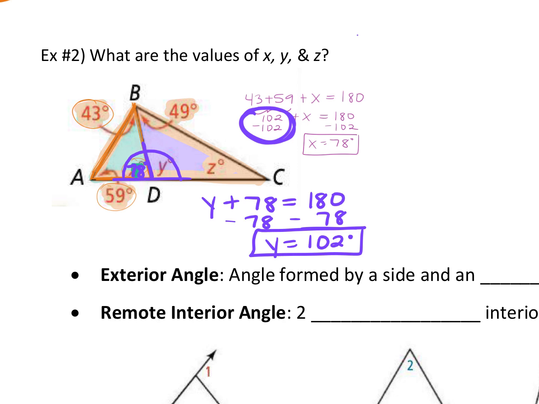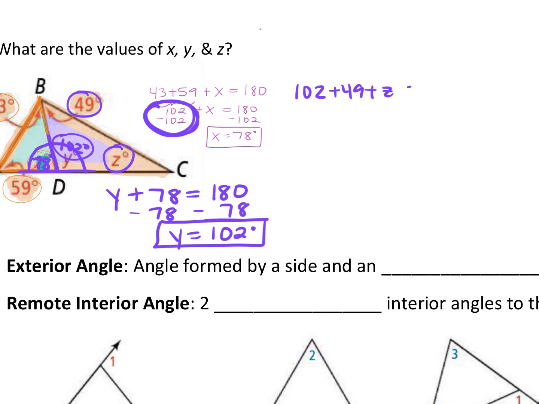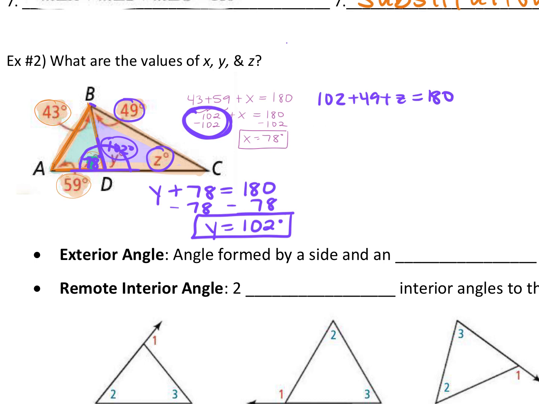How do you find z? Do 102 plus 49 plus z, which equals 180. You can call this 102, and you can do 102, 49, and z. Anyone do it a different way? Your other option for z is we have this whole triangle, right?